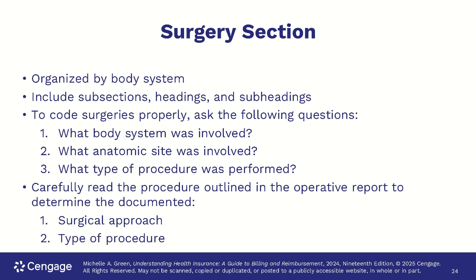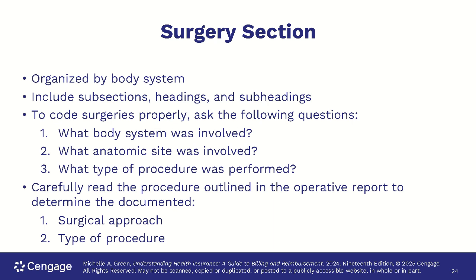But nonetheless, each of the sections have categories that further subdivide the different procedures. So you're going to see, again, first the anatomic site or the organ, and underneath those areas, you're going to see things like incision, excision, repair, revision, destruction, suture, on and on and on and on.